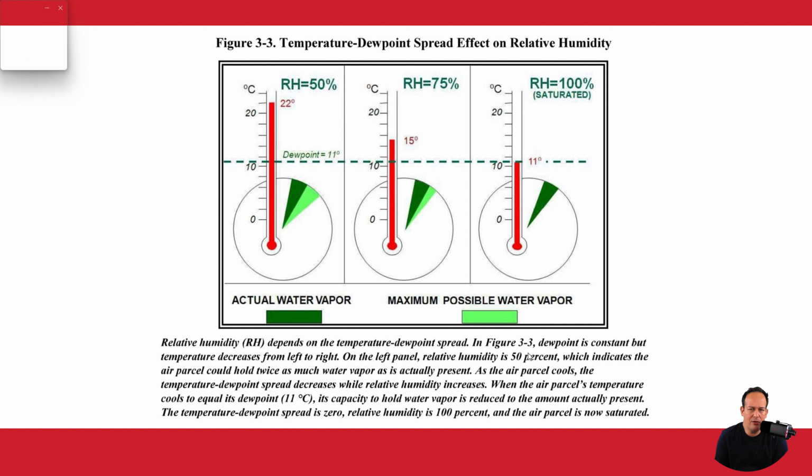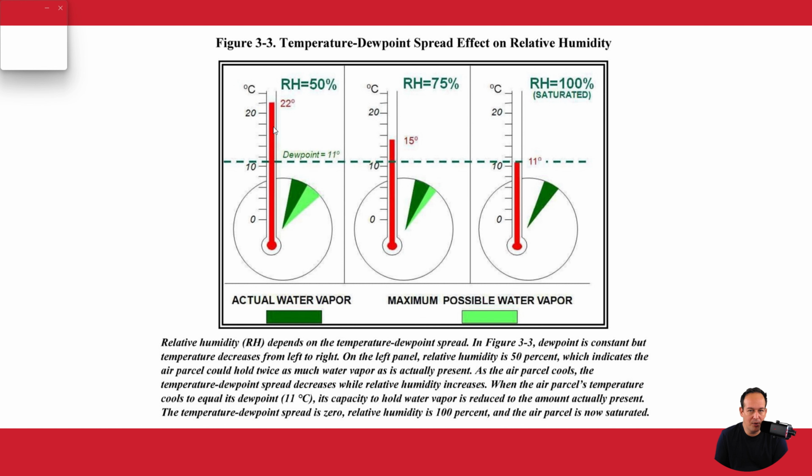All right, and then here's another picture showing the relationship between temperature and dew point. So here on the left, you see that the temperature is 22 degrees Celsius, but the dew point, this green line that goes across all three of them, is 11 degrees. Right now, the dark green is the actual water vapor, and the lighter green is the possible water vapor for this air parcel.